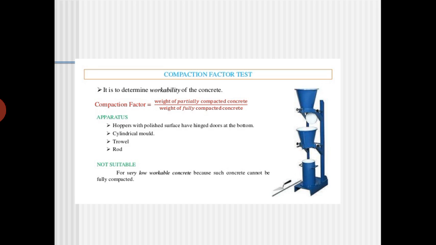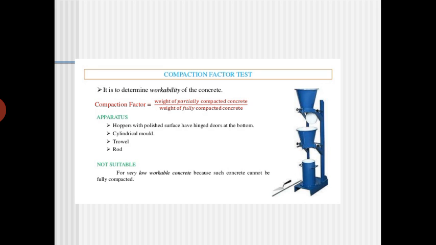Then whatever the compacted concrete is there, let it come down to the bottom cylinder. Then take the weight of that also, with fully compacted concrete. The excess concrete, whatever is there, you weigh it and record it.